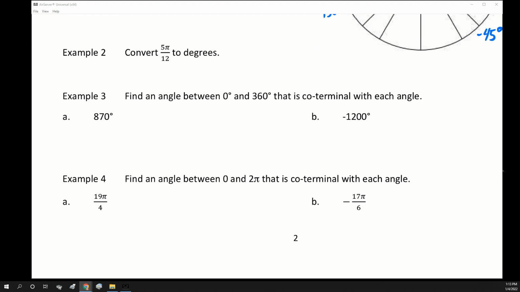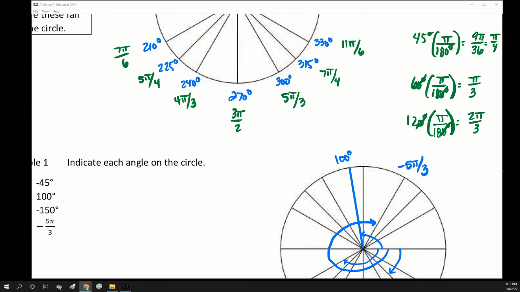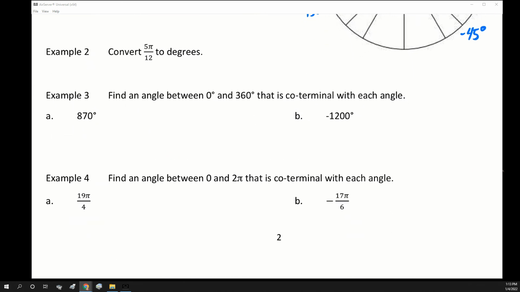Okay. Now we did several up here where we converted from degrees to radians. Number 2, they're asking you to convert from radians to degrees. So we're going to take that 5 pi over 12, and we're going to multiply it by a fraction that cancels radians and turns it into degrees. So since we want to cancel radians, we put radians on the bottom and degrees on the top.